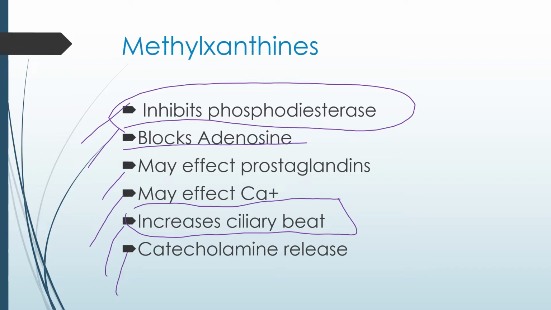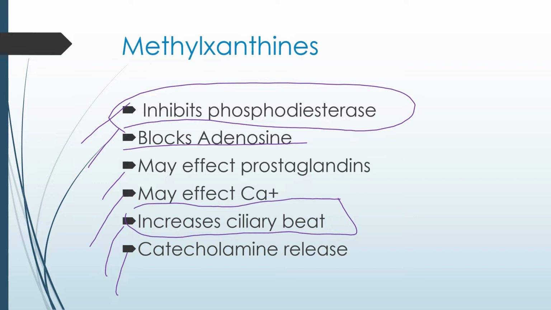And the catecholamine release can be pretty significant because remember, it causes peripheral and coronary vasodilation and cerebral vasoconstriction. That catecholamine release can easily cause cardiac vasoconstriction as well. The arteries that supply the muscle to the heart, the myocardium, like the anterior intraventricular artery, those things can have vasoconstriction with it.